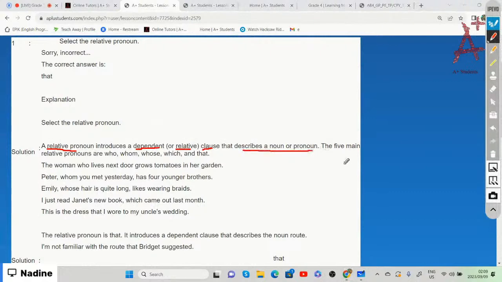And the five main relative pronouns are who, whom, whose, which, and that. And we basically gave the definition of each one of those also.